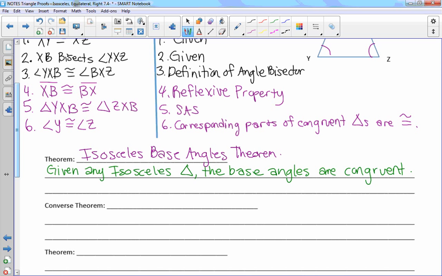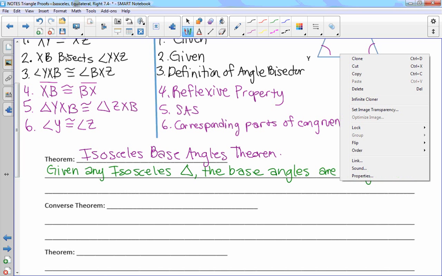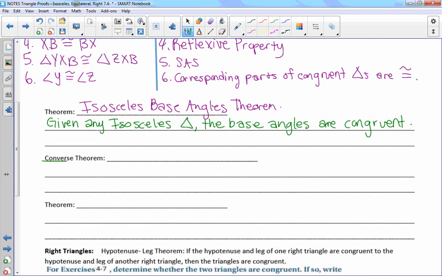The converse of that is to go in the other direction. Instead of knowing it's isosceles, what would the other direction be? This said, given isosceles, the base angles are congruent. So if we switch the order of those, given base angles congruent, we know the triangle is isosceles. Okay, this is what I call the converse.